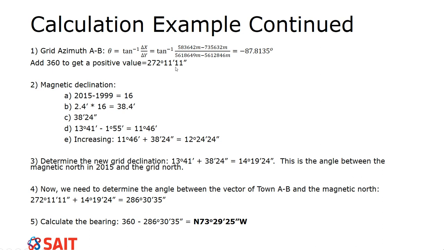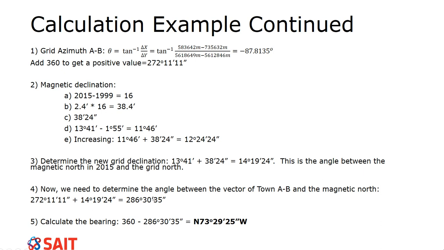That's the grid azimuth for AB. Then we know that the magnetic north had moved, and we calculated the new grid declination. And we know that the magnetic north moved away, and that the way the diagram is set up, we actually need to add.